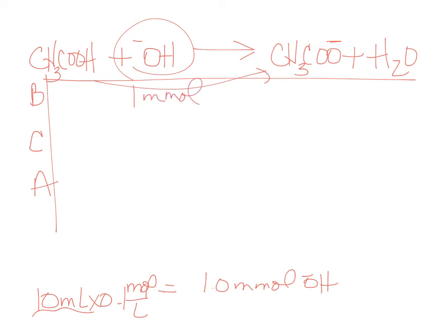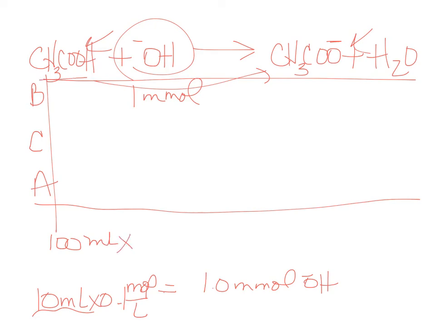We also need to know the original mole values of the weak acid and its conjugate base. The problem told us that we had 100 milliliters of the buffer. So 100 milliliters, and the concentration of acetic acid is 1.5 molar.